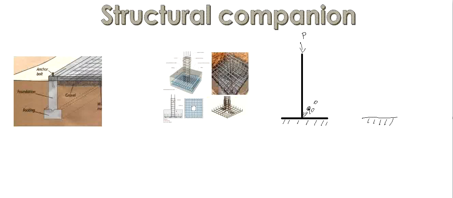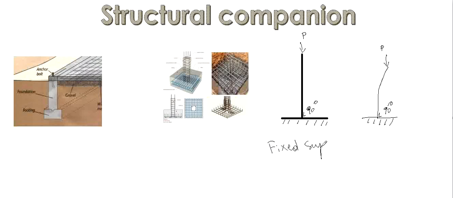let's say it is a column and this is a footing. Your column, after bending, probably bends like this, and here it remains 90 degrees. There's no rotation. So this is called fixed support.